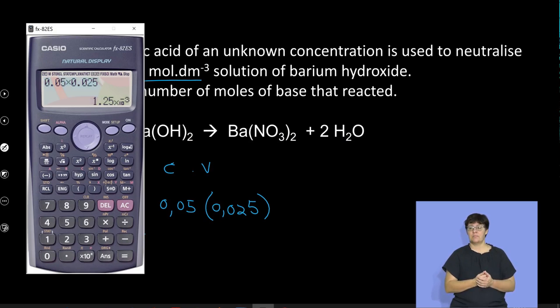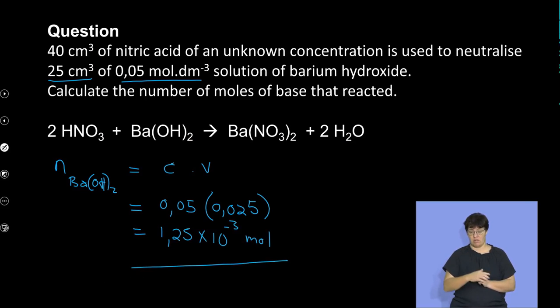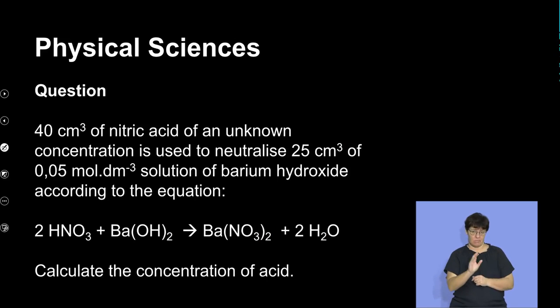So the number of moles is equal to 1.25 times 10 exponent minus 3 moles, right? So that's the number of moles. So this is a routine calculation where you've got the formula, substitution, and the correct answer, including the correct SI unit, right? And then it says here, calculate the concentration of the acid.